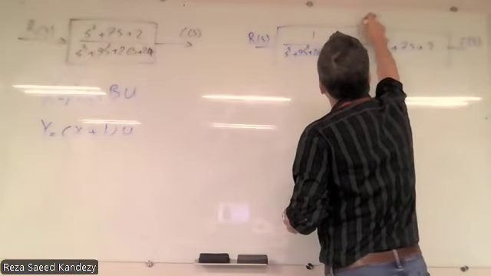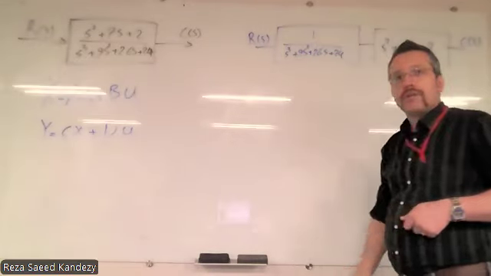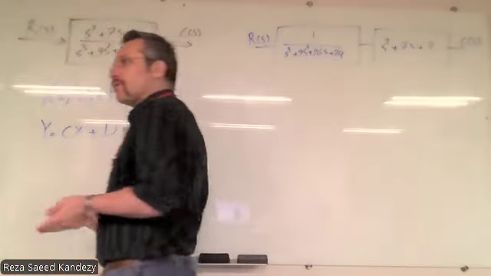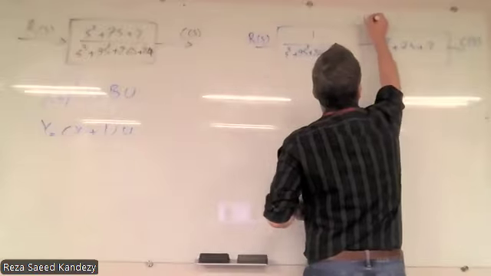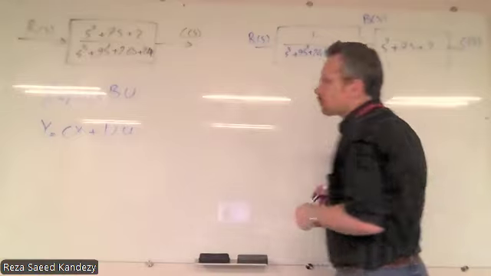Now, between the two, I am going to define another variable, which is the output of the first block diagram, and I'm going to call it b of s.